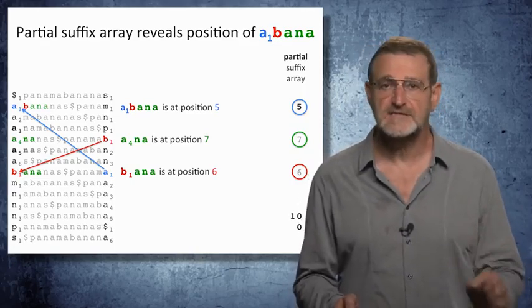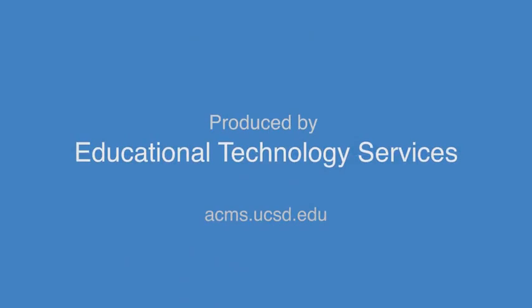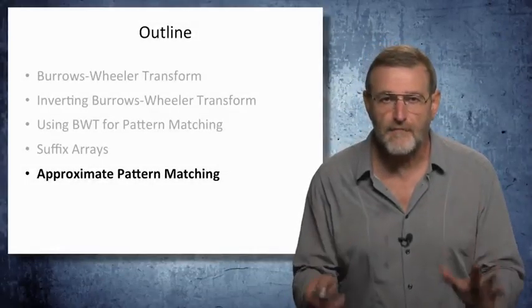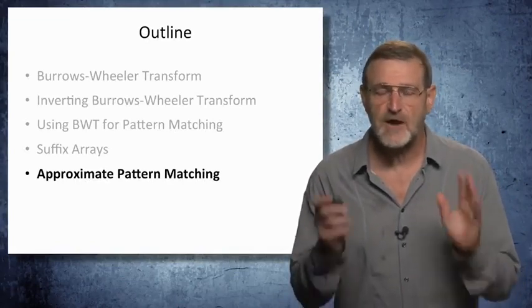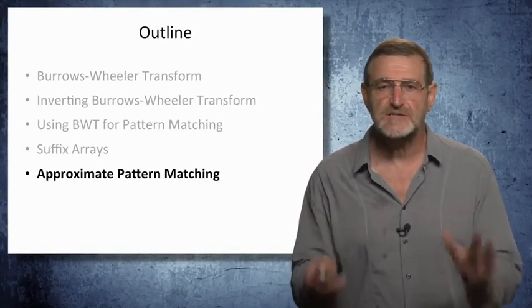To summarize, if we construct the suffix array by the depth-first traversal of the suffix tree, then it takes O of text time and roughly 20 times text space.